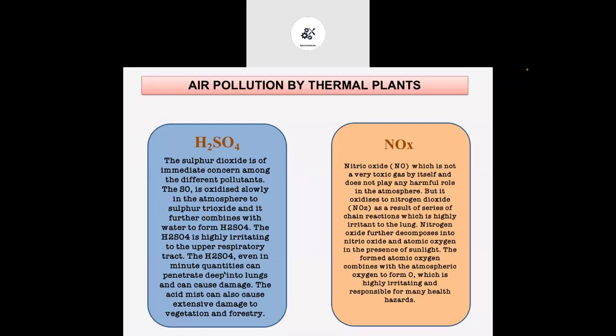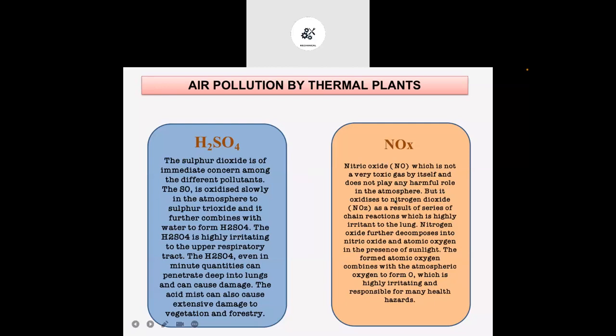Now, this sulfuric acid is highly irritating to the upper respiratory tract of the human body. It will generally cause acid rain also in some areas. So this pollutant, the sulfur dioxide coming out from the power plant, is very dangerous to the environment. There are many other effects also. You can read the reference books, you will understand.